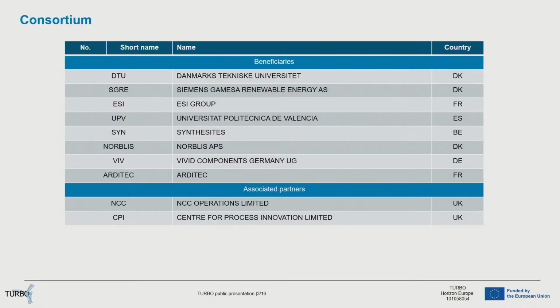And actually, because now we are in the 29th month of the project, across the period we lost 2 partners. So we changed a little bit the structure of the project in order to deal with these changes.